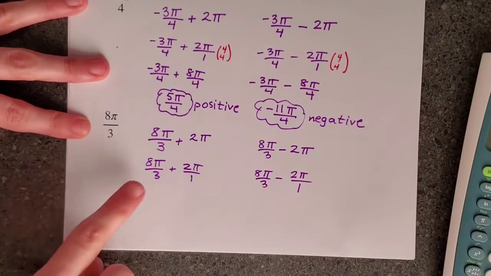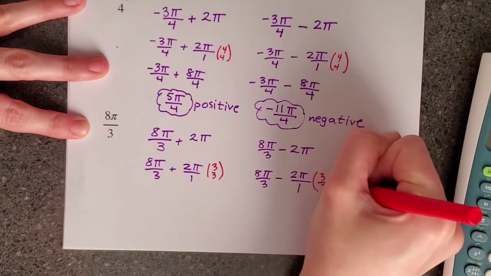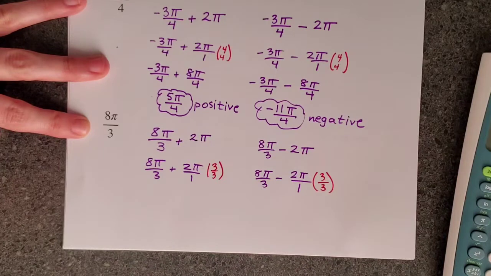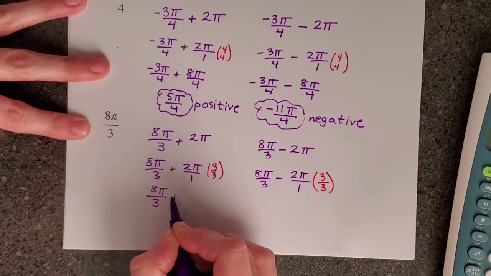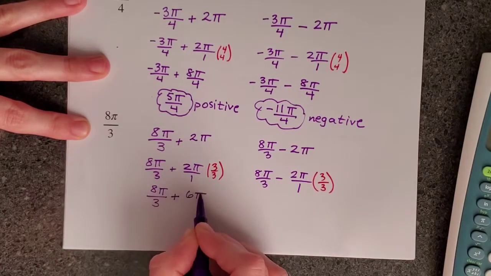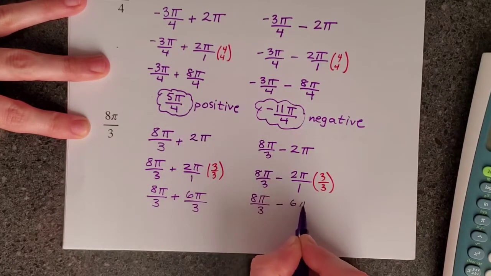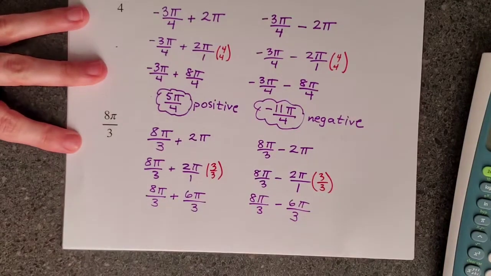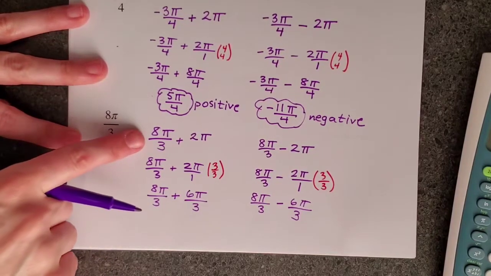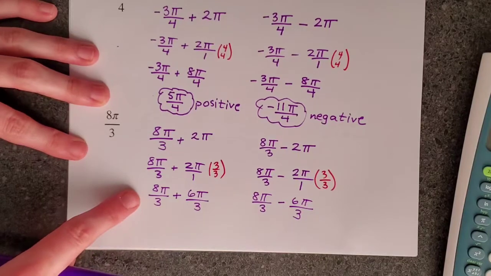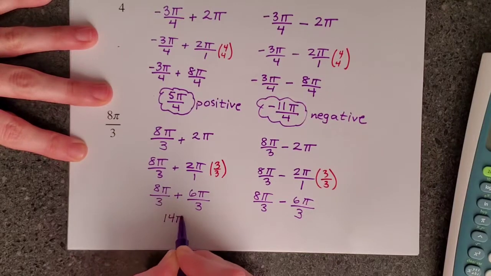And I want common denominators of 3. All right, so I'm ready to get some answers here. I added 2 pi, so I went around once in the positive direction. 8 pi over 3 plus 6 pi over 3. That is a whopping 14 pi over 3.